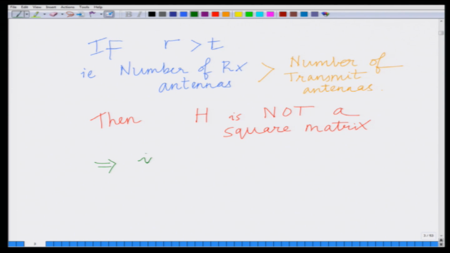There is nothing known as an inverse of a non-square matrix.